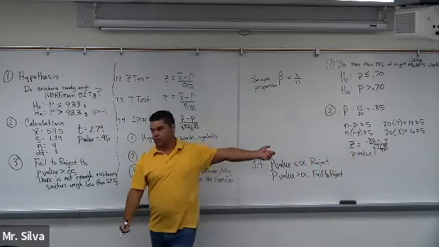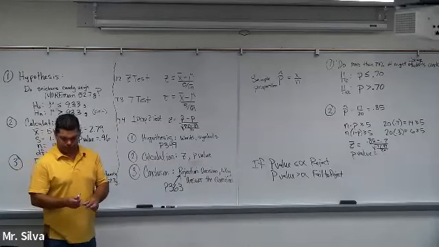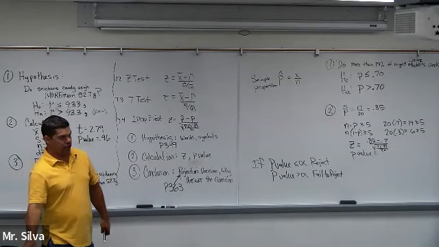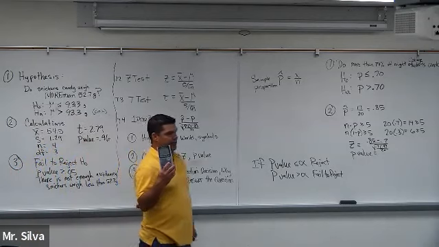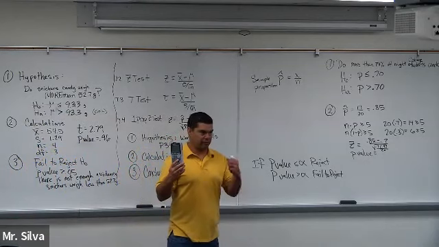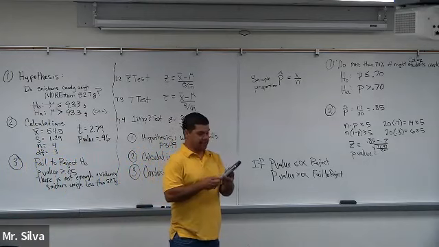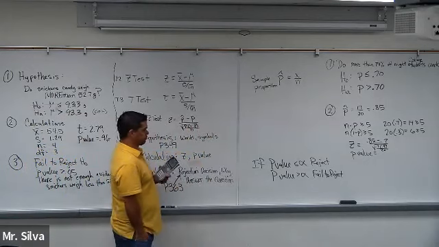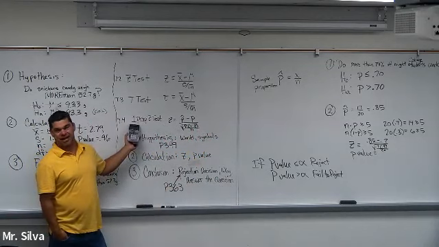Again, that's the calculation by hand. But we can do that on the calculator. The calculator is very short compared to what we did with the Z test and a T test. Again, it's called a 1-prop Z test. So let's find it on our calculator.